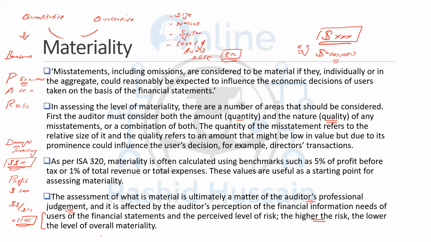Higher the risk, the lower the overall materiality. Now, I told you in the audit strategy that when we are at the planning stage, we determine a materiality level, which is known as the initial materiality level or preliminary materiality level. And when the audit progresses, you can change it. For example, this 400,000 was the initial materiality level. And when you were doing the testing, you realized that the system of this entity is quite weak.